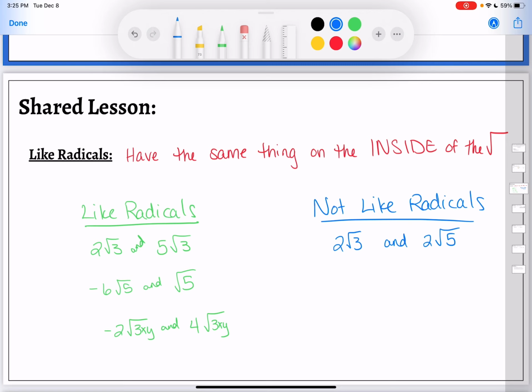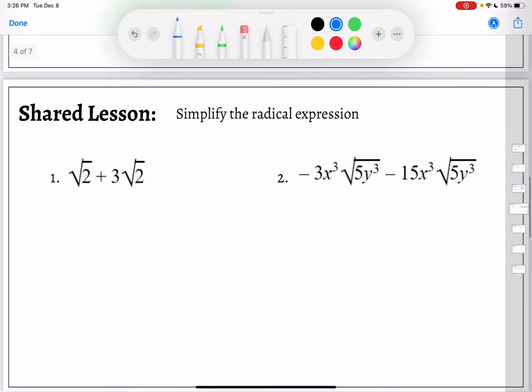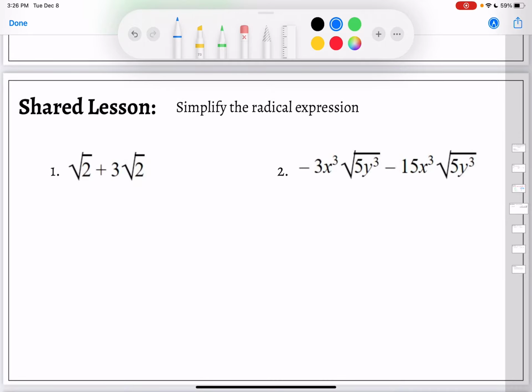Another example of something that would not be a like radical might be negative 3 radical x and 4 radical y. Those are not like radicals. Yes, they both have a variable, but they're not the same variable, so they are not like radicals. Okay, so as long as what's on the inside of the radical is exactly the same, the two are like radicals.